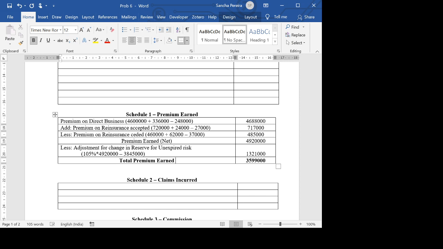Okay. Next, we go to claims. So we have claims on direct business. The same way, the actual claims are 23 lakhs 50,000 plus outstanding at the end of the year 2 lakhs 8,000 minus outstanding at the beginning 1 lakh 66,000. So that comes to 23 lakhs 92,000.